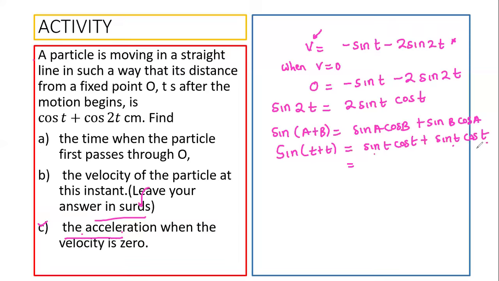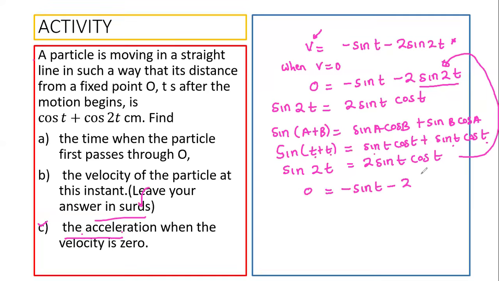When you add those two, they are the same, so what do you get? 2 sine t cos t. So that's where it comes from. Here t plus t gives you 2t. Then you substitute here where you have sine 2t. So that is 0 equals negative sine of t minus 2 into 2 sine of t cos of t. Hope that is okay now.